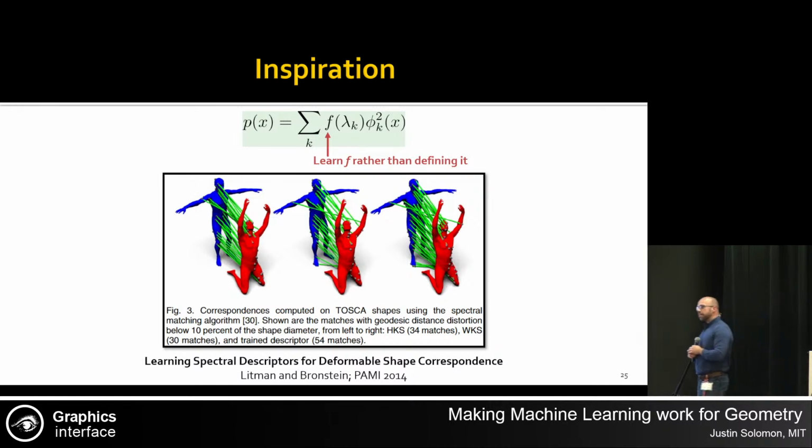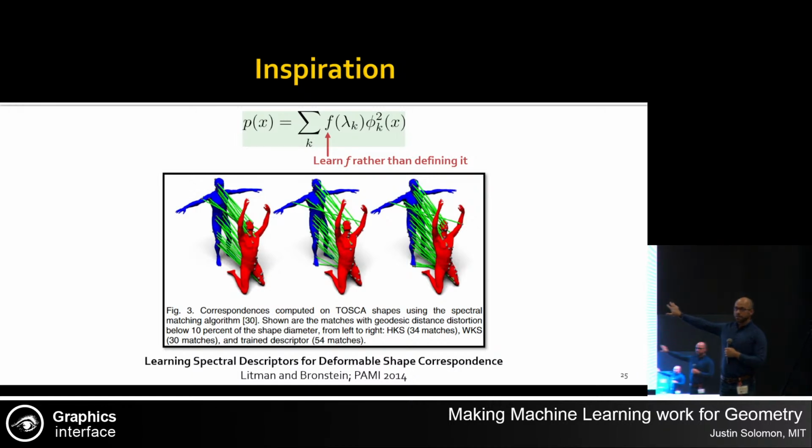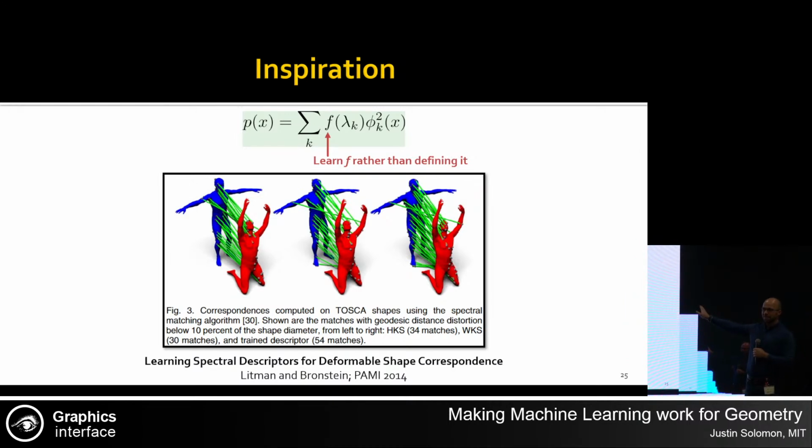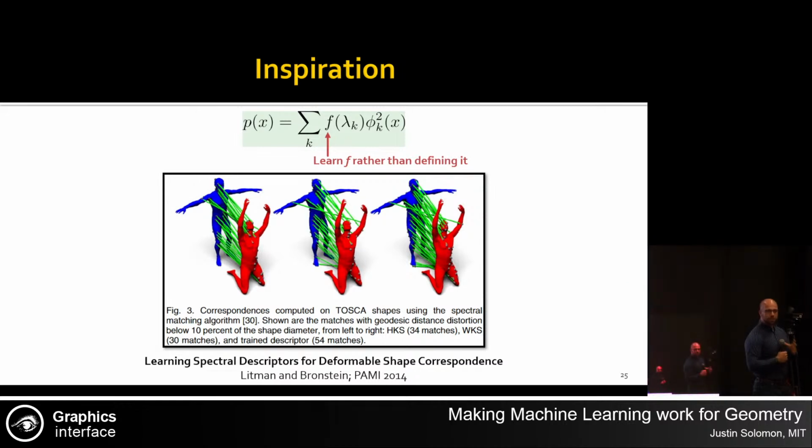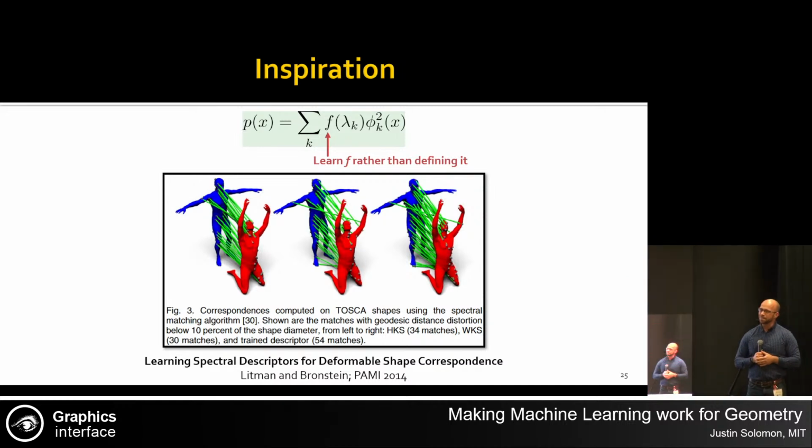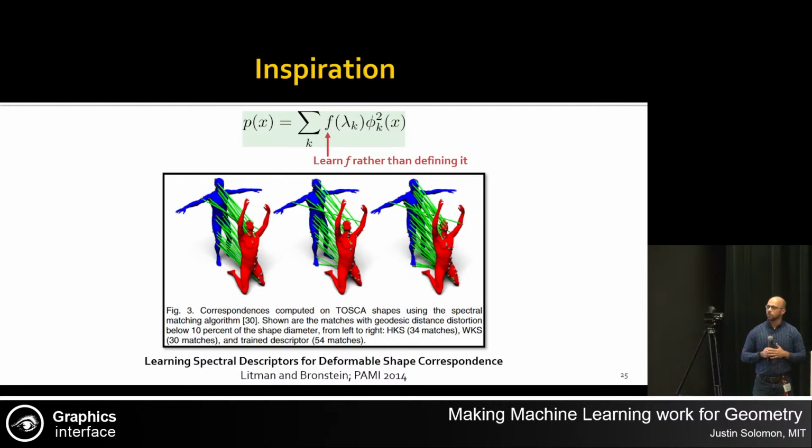So one of the earliest ways that people learned from triangle meshes was just to learn that function of Laplace eigenvalues. This is a one-dimensional learning problem, and it was remarkably successful for early attempts at learning from triangle meshes. So a couple years back, we asked a question, which is, essentially, we're using these physical systems as a proxy for how to compare one shape to another, right?